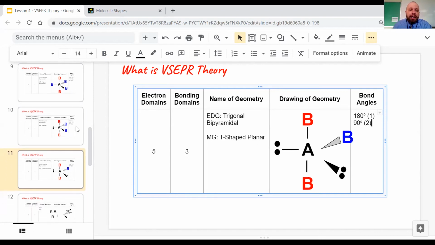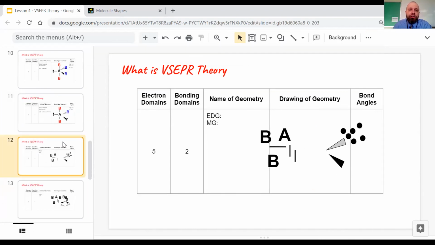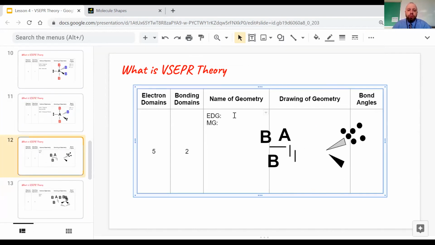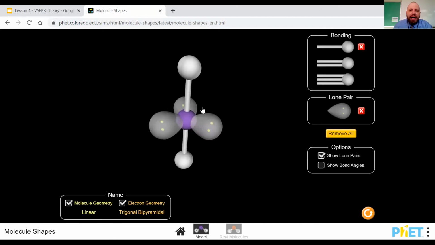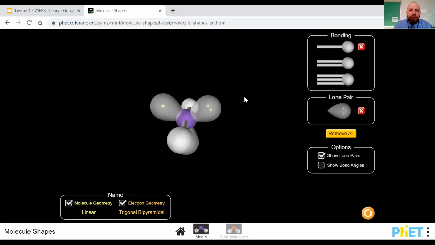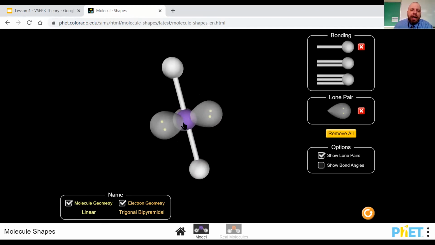Okay, let's take a look at our last example in the trigonal bipyramidal family here. And this one is going to be called linear. If we take a look at the molecular shape, you'll notice that all of my equatorial atoms have now been replaced by pairs of electrons. So the only thing that I have left is this bond between the two axial atoms and the central atom.